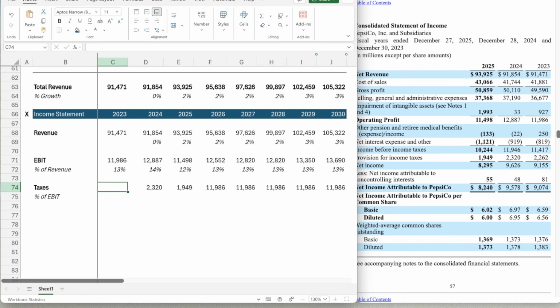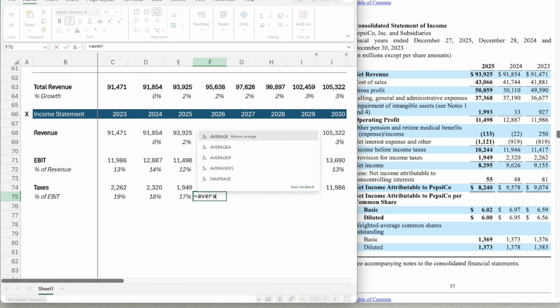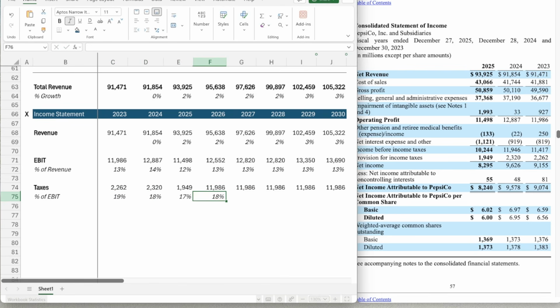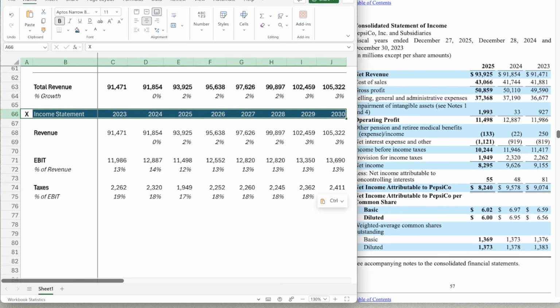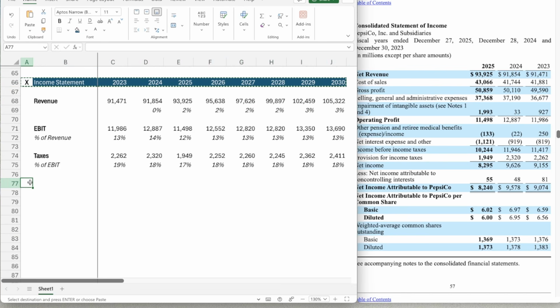Oh no, sorry, I've done something silly. What was it? 2262. Okay, this is the income statement. This is sort of just a placeholder, this EBIT. You'll see when we do the proper one when we get to the DCF section.